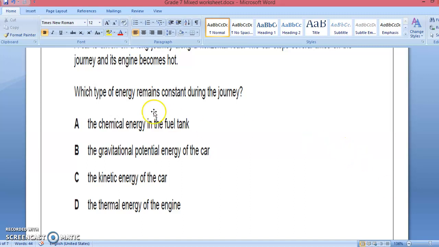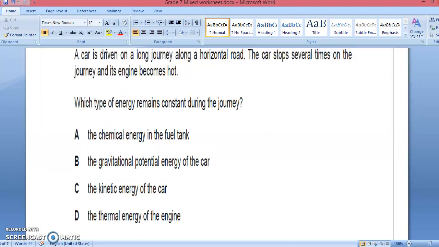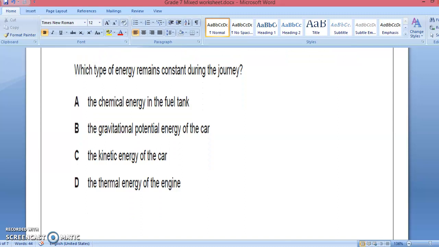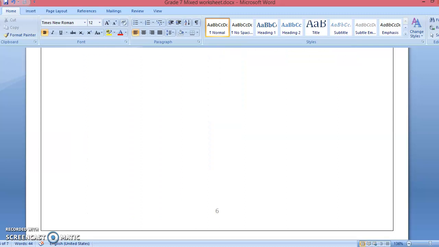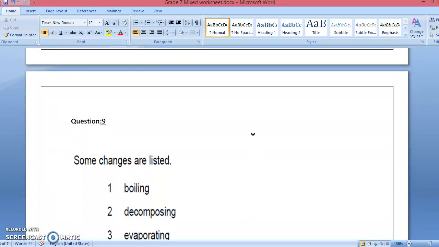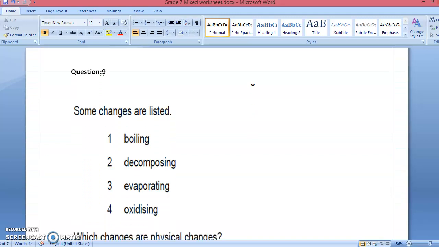They are asking which type of energy remains constant. So the obvious answer is B, that is the gravitational potential energy. Why gravitational potential energy? Because you see here that the car is driven on a long journey along a horizontal road.